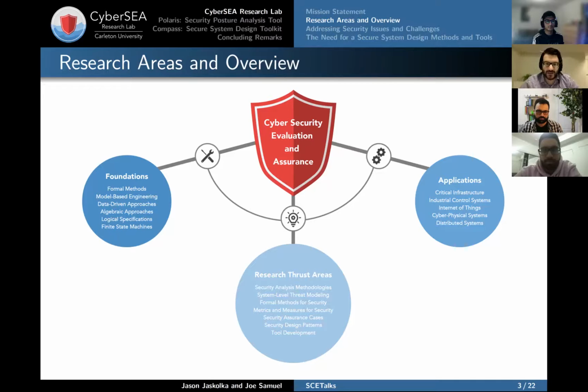We look at formal methods for security. We look at metrics and measures. How can we measure the security of the system? How can we get indicators to know whether or not our system is more or less secure than a previous iteration of it, for instance? In developing security assurance cases, these are arguments that help us to support the claims about the security of the system that we have. We develop security design patterns, and of course, we work on developing tools.